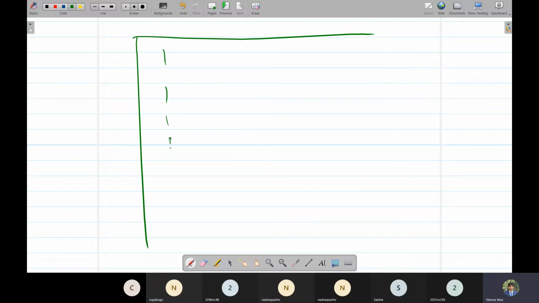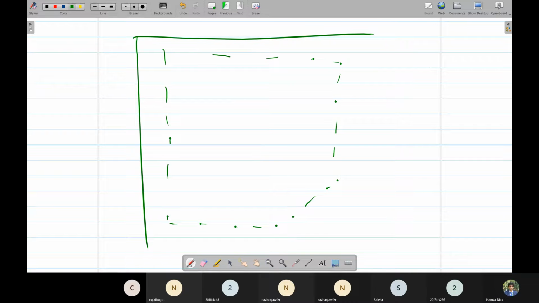If this is our slab, for example, I'm cutting a slab like this. So this is, suppose, our shorter direction Lx. This is our longer direction Ly.